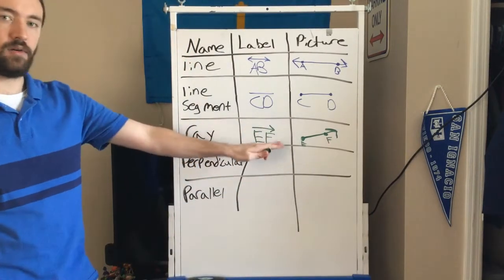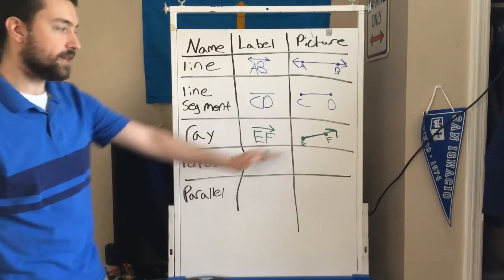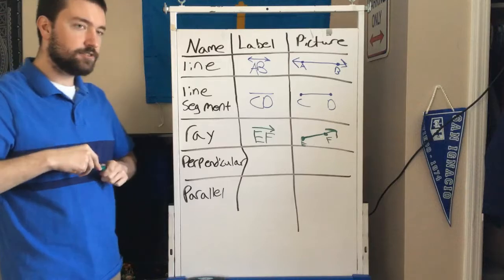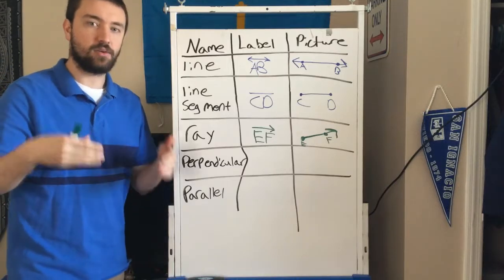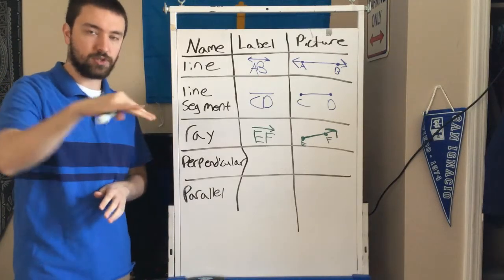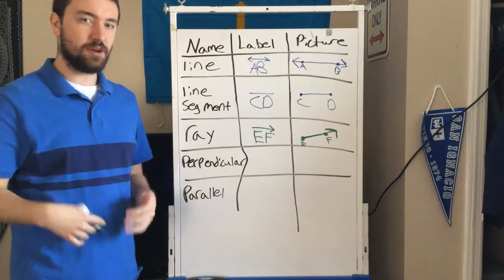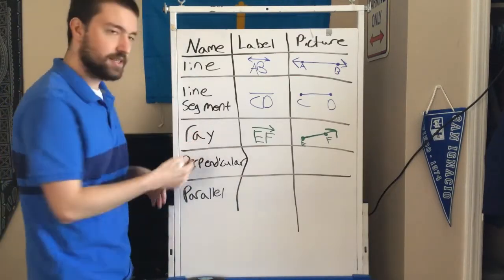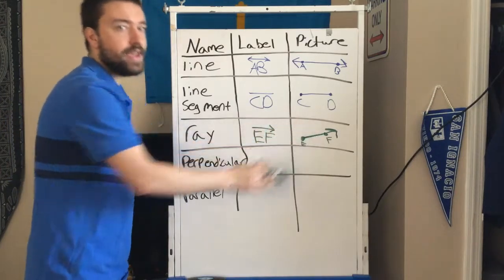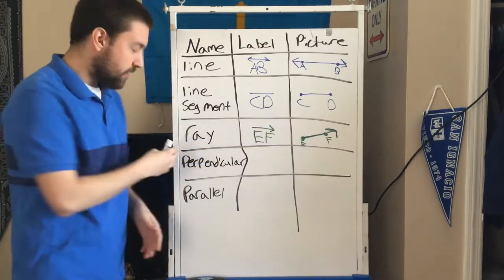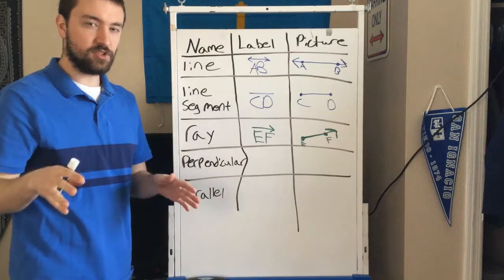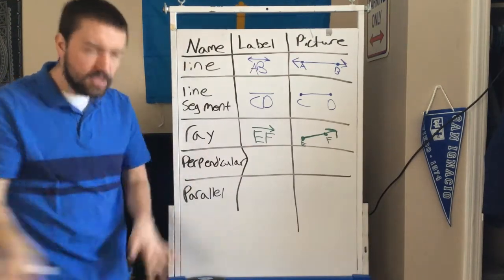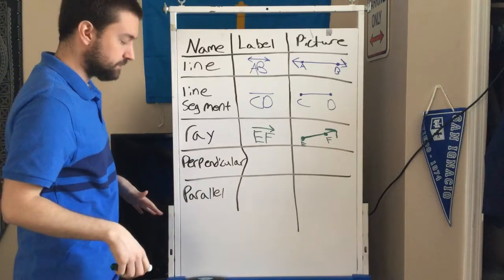We have an arrow on top of the points that the ray passes through. Not to get this confused with an array from multiplication, our rows and columns, that is spelled A-R-R-A-Y. This is a ray spelled R-A-Y. Very similar sounding, but completely different things in math.